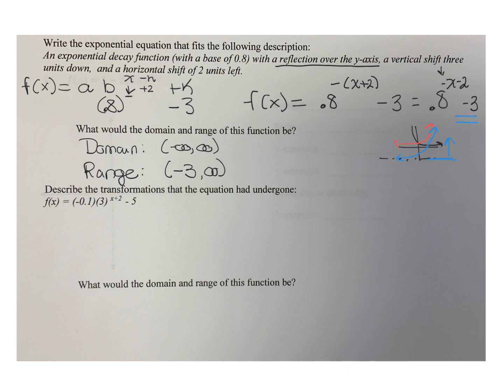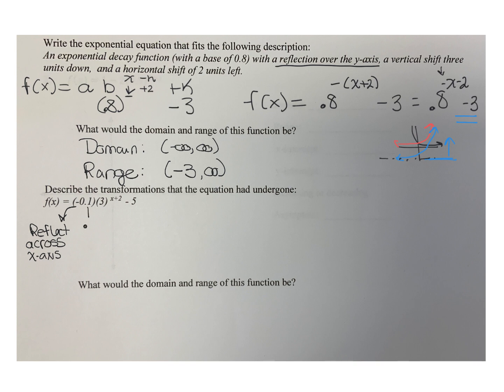Okay, let's walk through these transformations on the next one. So the negative out front is going to cause a reflection. Reflect across the y... stuff out front is negative, so you reflect across the x-axis.